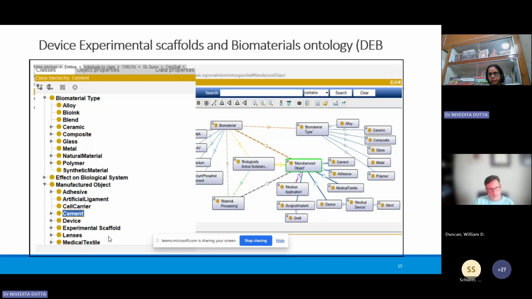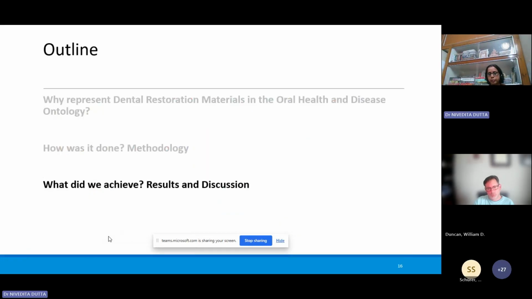And we could not find any logical basis for this type of classification.